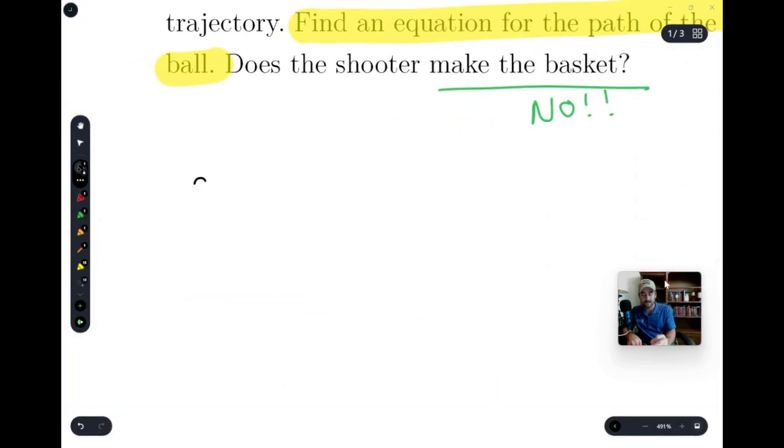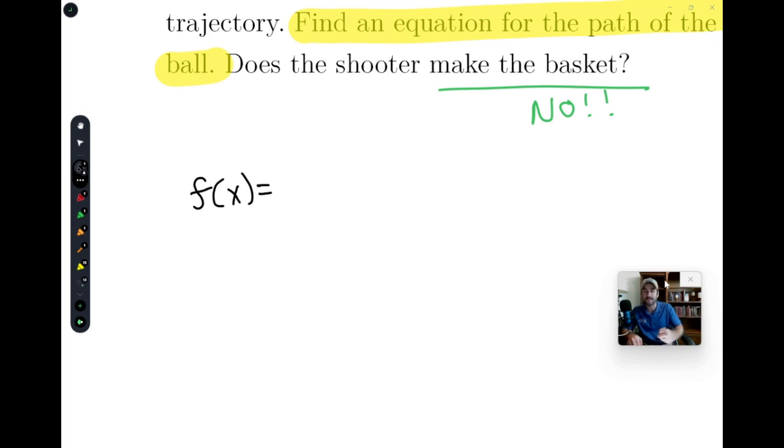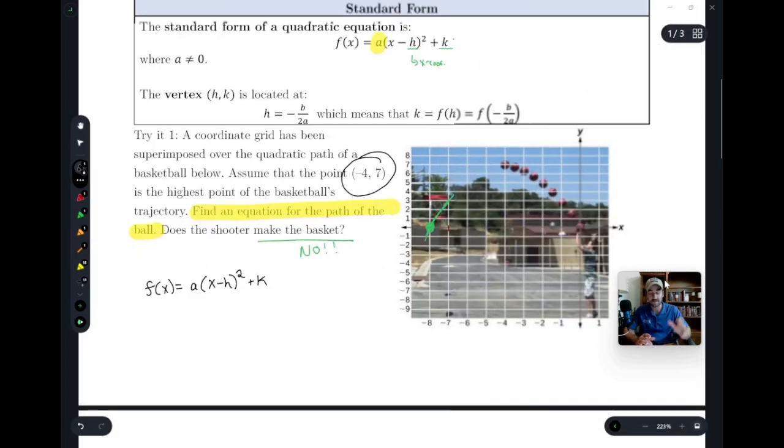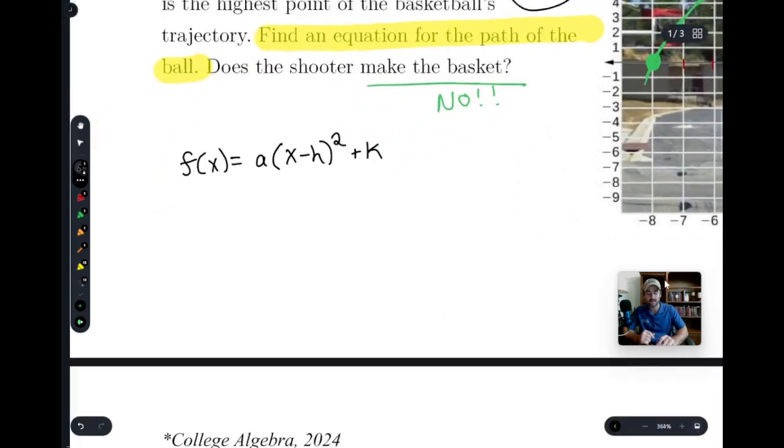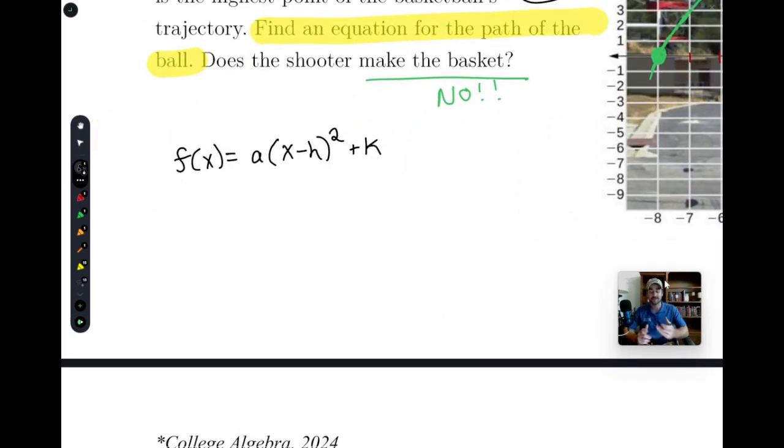And I'm going to say, okay, if you remember from up above, see if you can recall it without looking. A times x minus h squared plus k. I'm going to go back and check because sometimes I make mistakes. Often I make mistakes. That is the standard form of the quadratic up above. That vertex form, sometimes you'll hear it called because it shows you the vertex.